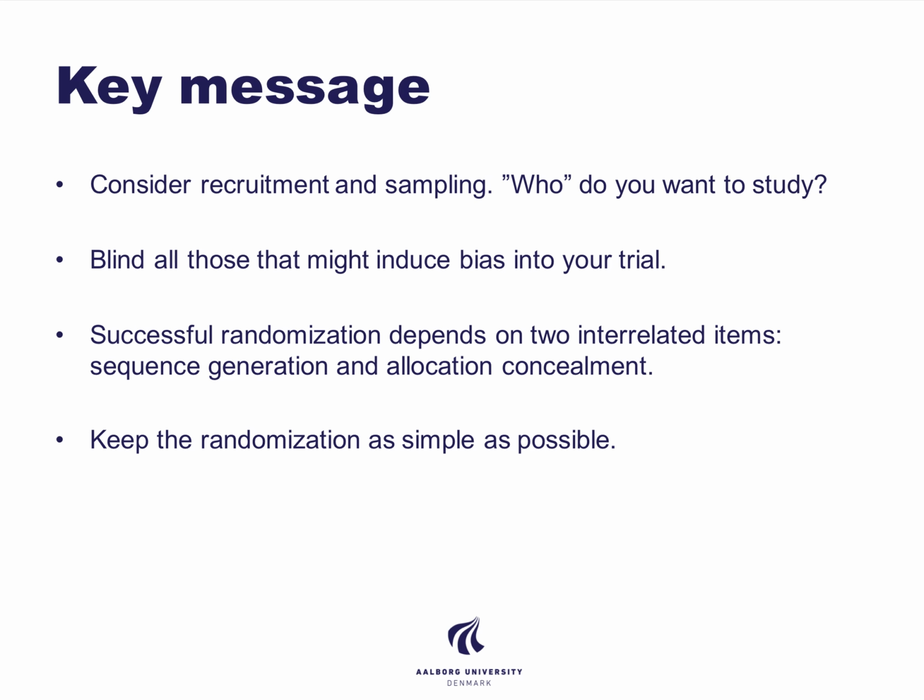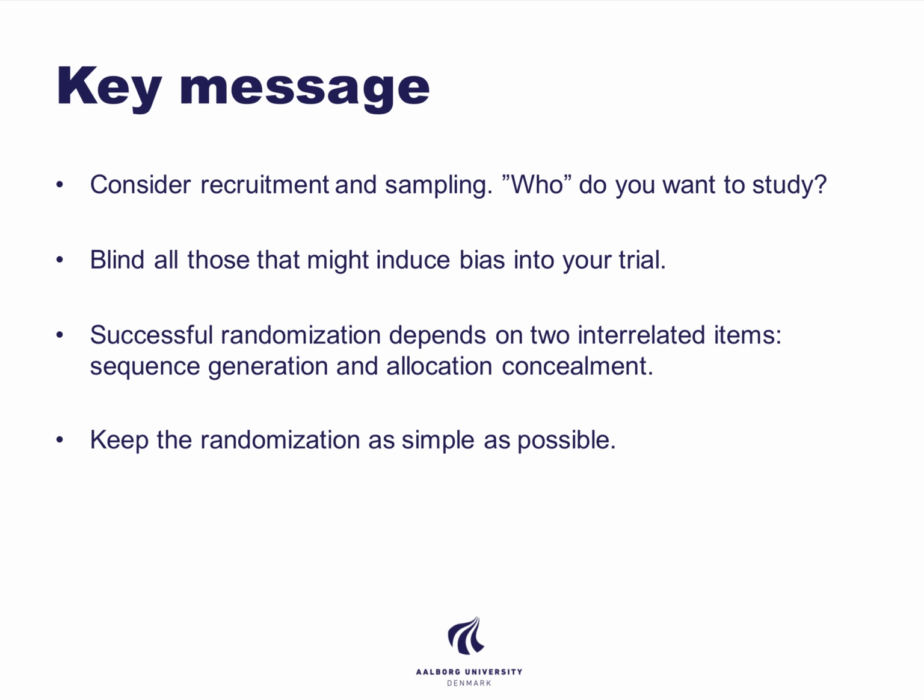When you need to randomize subjects, then successful randomization depends on 2 interrelated items. One is the sequence generation, and the other one is allocation concealment. Basically, how are you implementing your sequence generation to prevent any knowledge of upcoming events? And this is really, really important.